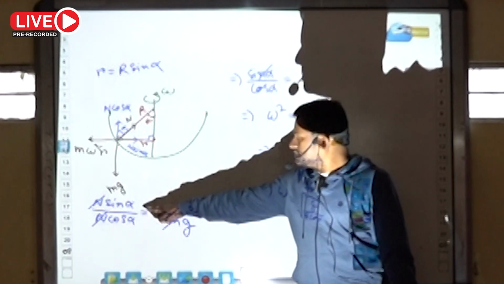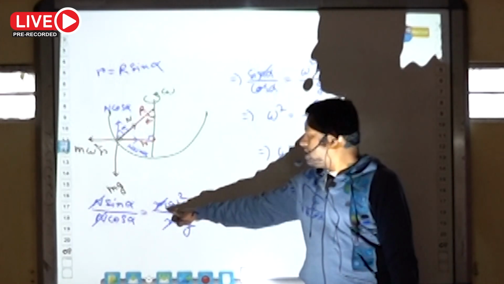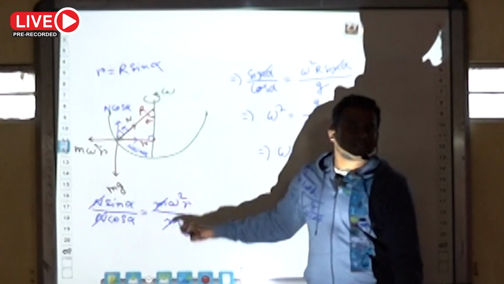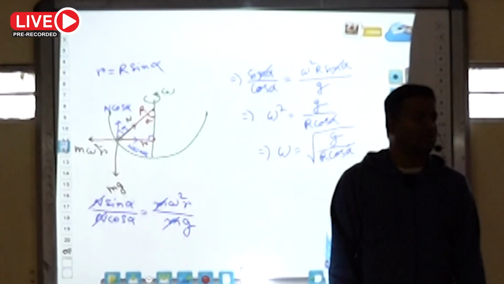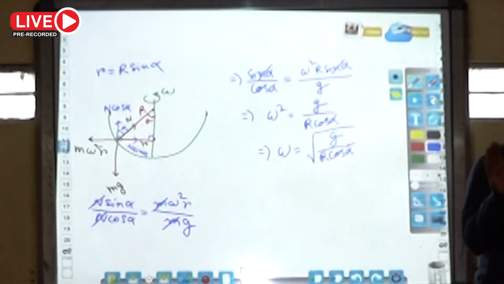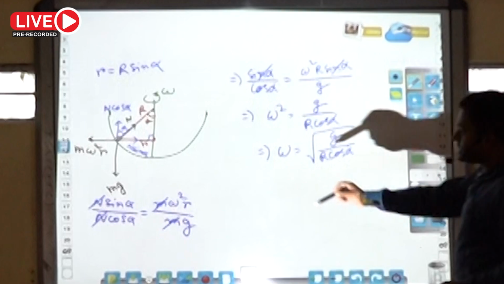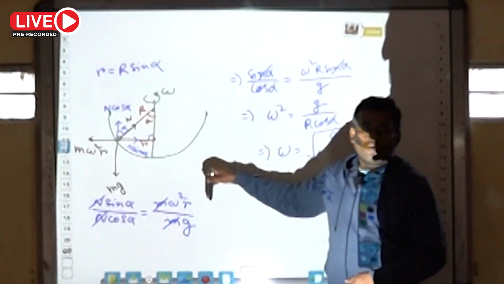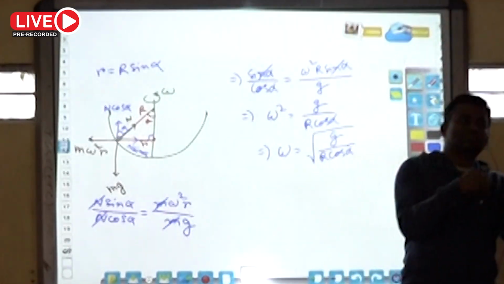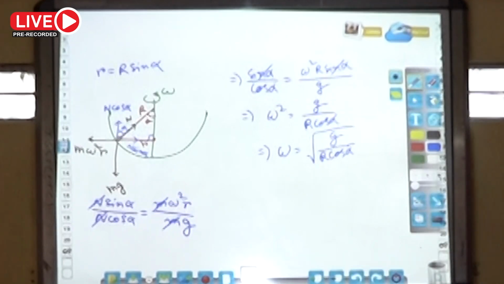So you will consider now N sin alpha equal to mass into acceleration because of Newton's second law. But whether you consider the non-inertial frame or the inertial frame, this equation will remain the same. Only the logic and the explanation will change, but in the final equation there will be no change.